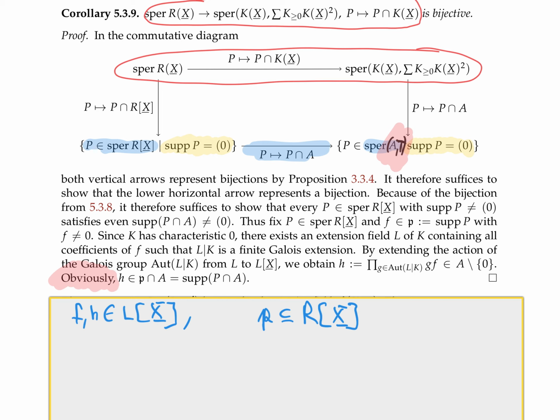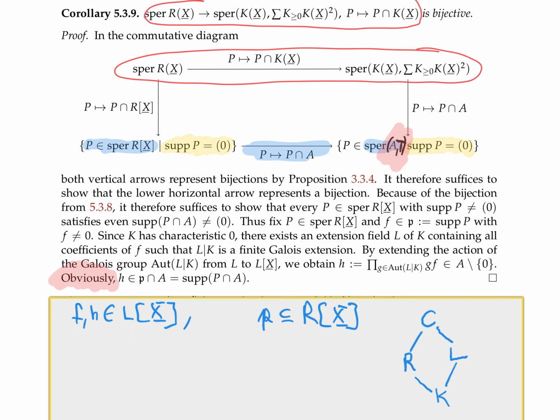If you denote the algebraic closure of R by C, then this is also the algebraic closure of K, and L, of course, is algebraic over K. So without loss of generality, L is also a subfield of C, right?